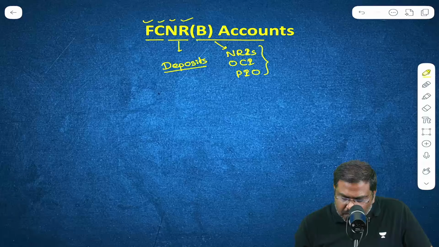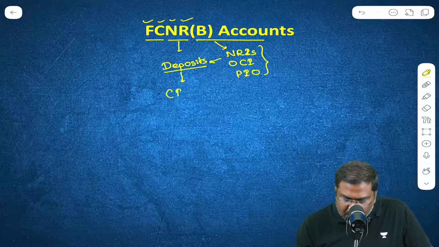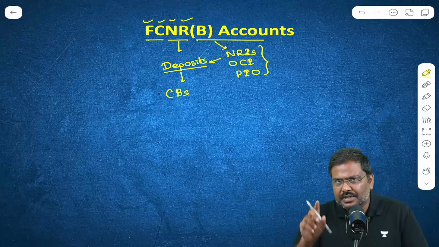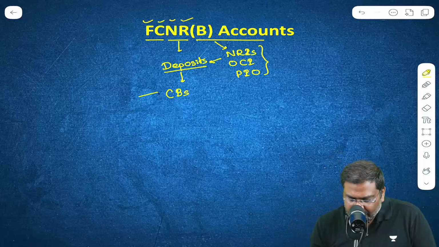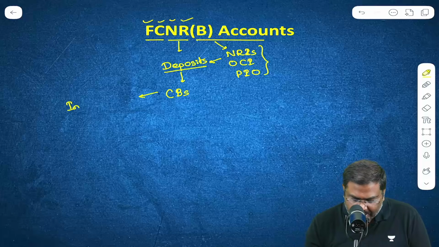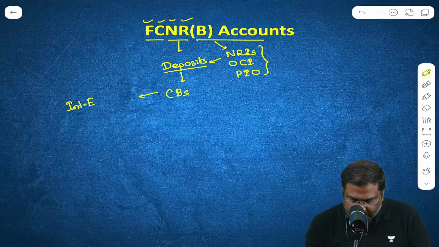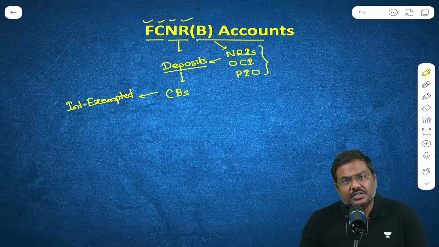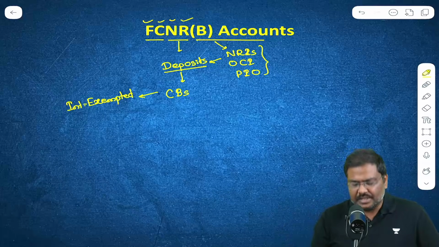So these types of investors are allowed to hold deposits with commercial banks in India. Now, the specialty of these particular deposits is that, one, whatever interest is earned, the interest is exempted. The foreign investors don't have to pay any taxes on this.